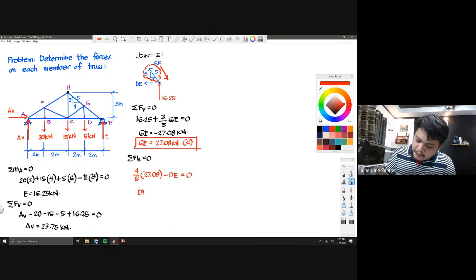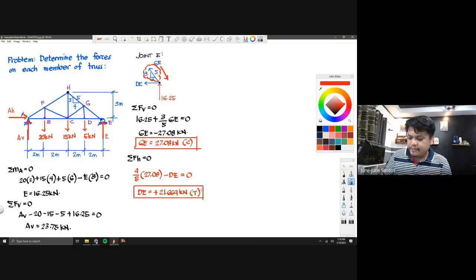So you have here the DE equals to positive. Ang kalalabasan 4 all over 5 times 27.08. So you will be having here 21.664 kilonewton. Nag-positive siya, ibig sabihin, tama yung assumption natin na palayo siya. So kung nag-positive siya, we will call it as tension. Okay, so pahila. So you have now the member DE, and then you have now the member GE.